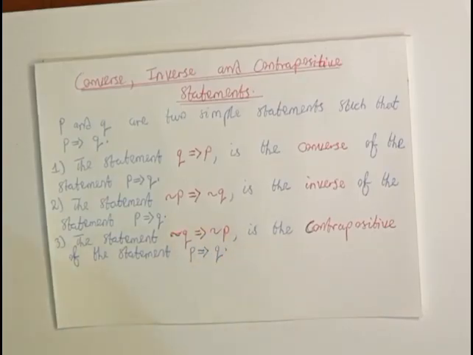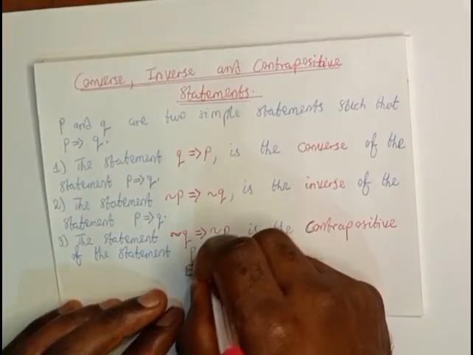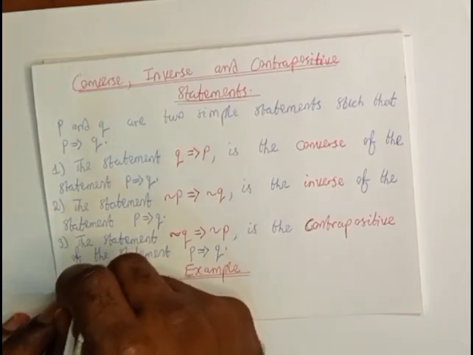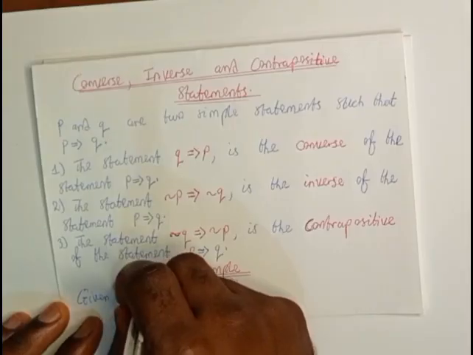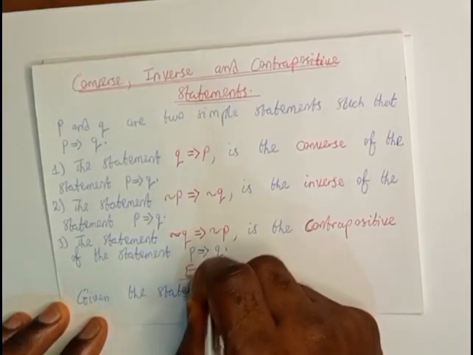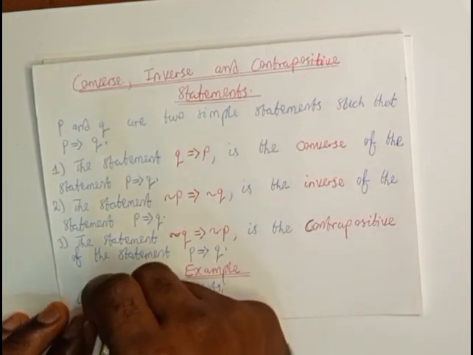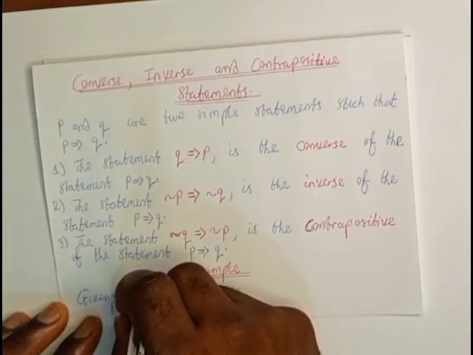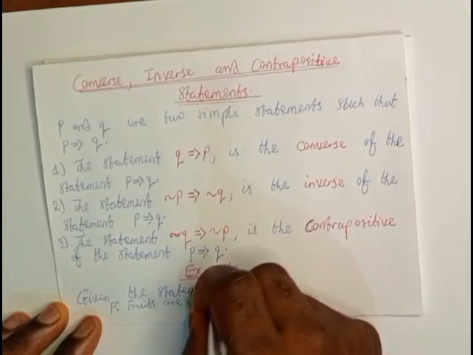Let's look at the example. Given the statements, for the first one, we have the statement P, which is fruits are sweet.